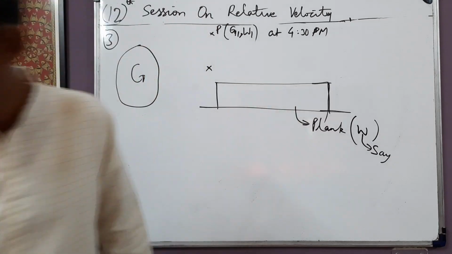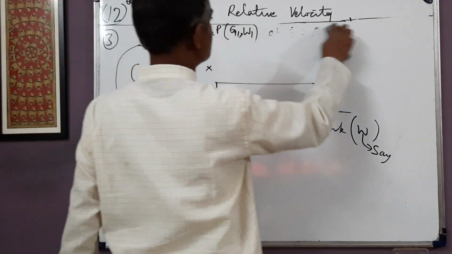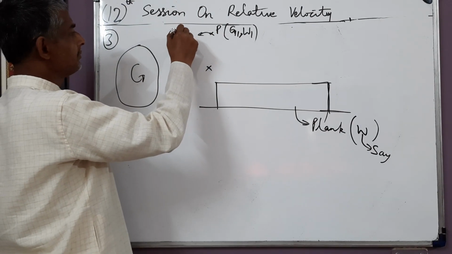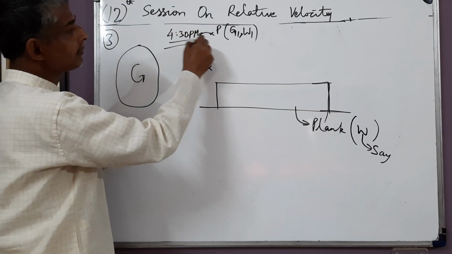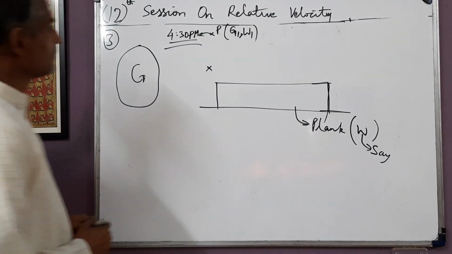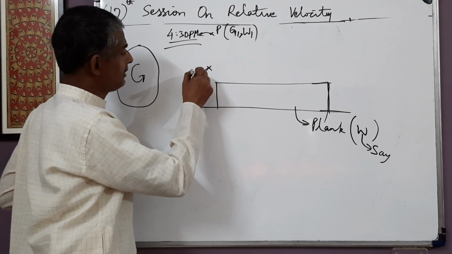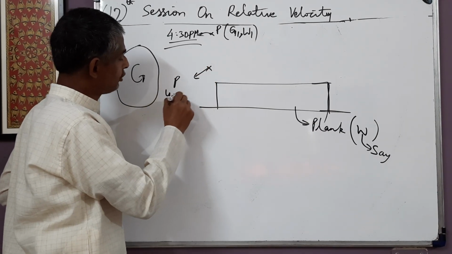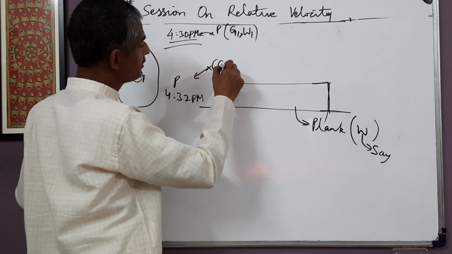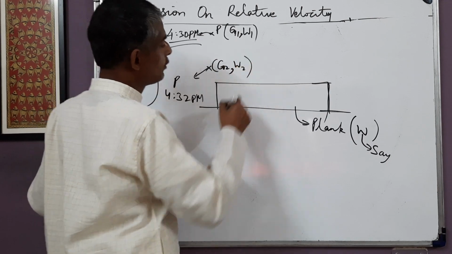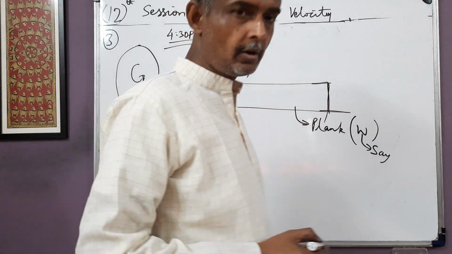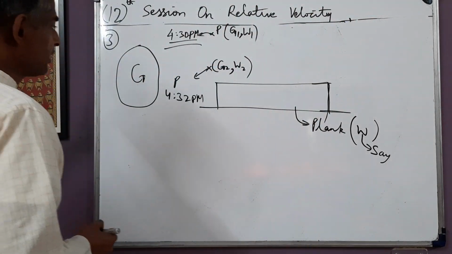This is the location of P at 4:32 p.m. At this point, it occupies location G2 of the ground frame and location W2 of the plank frame. This is the situation at 4:32 p.m.